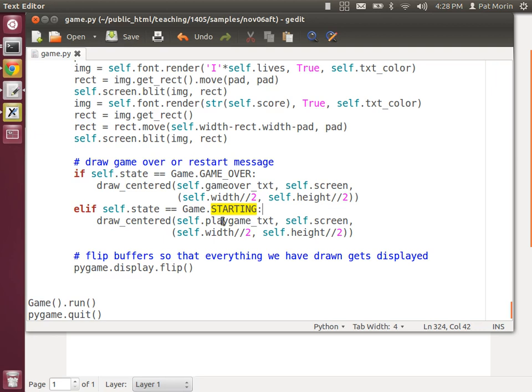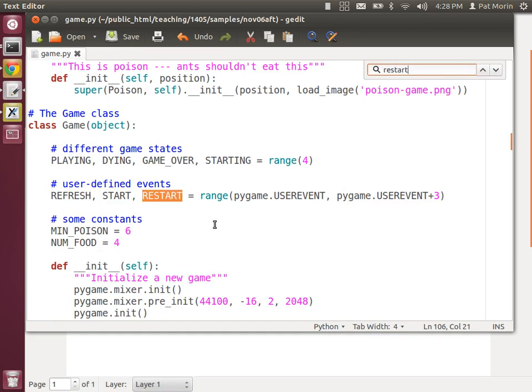So in the starting state, there's a bunch of different things that happen. Clicks mean something special for starting states. It means restart the game. Drawing is a little bit different. We put this message up that says you can click to start the game.